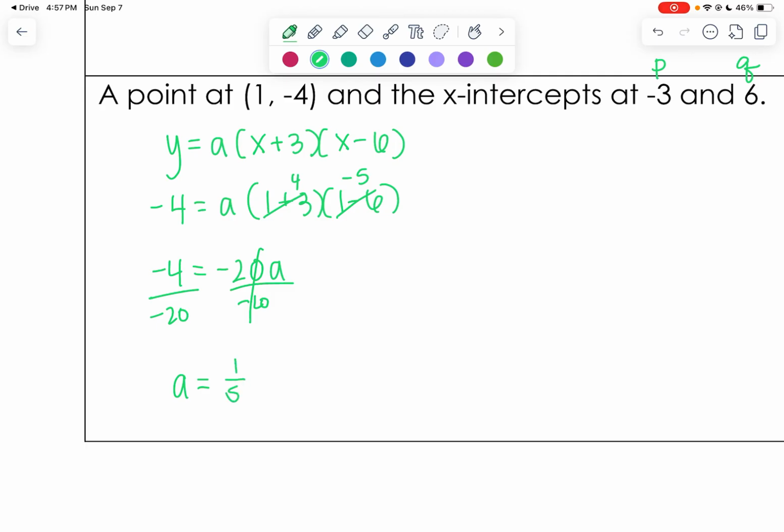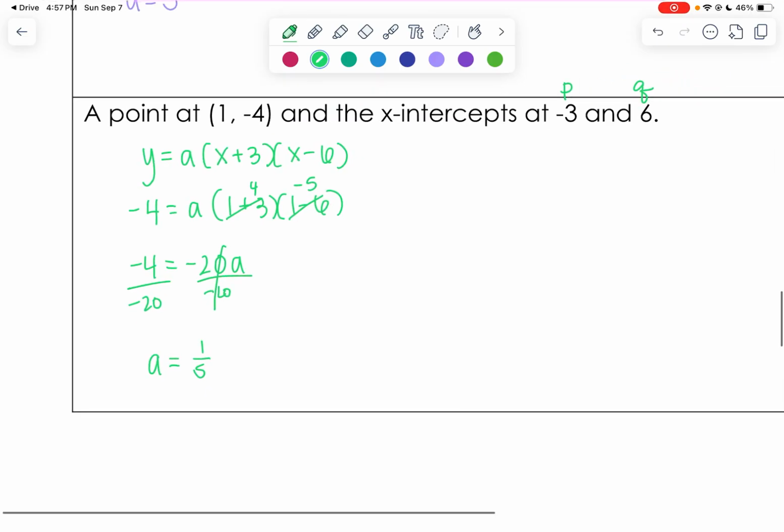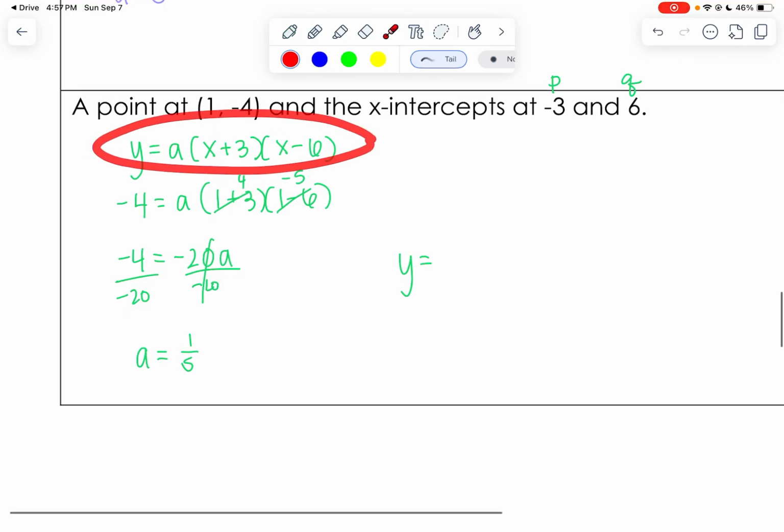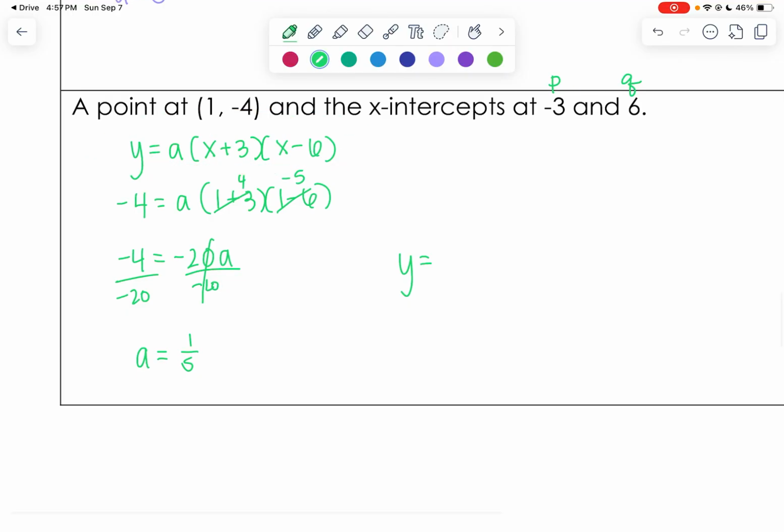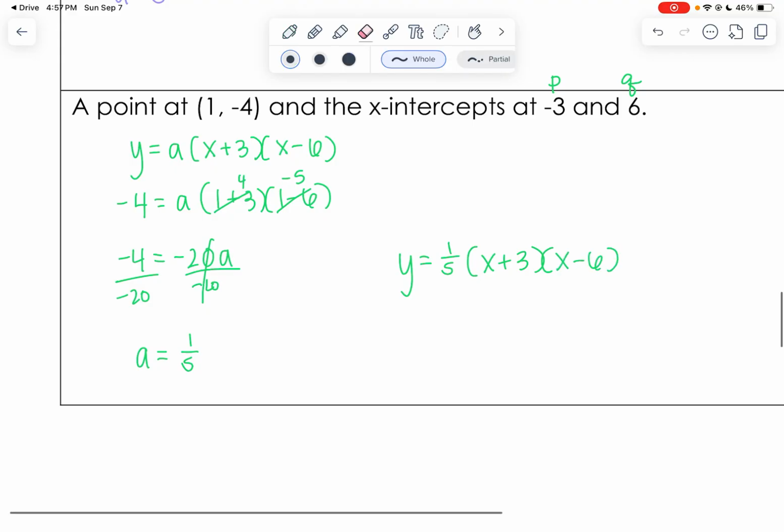Because how many times does 4 go into 4 and 20? So 1/5, okay? So back up here, now I know what a is. So y equals, or f of x equals, 1/5 times (x plus 3) times (x minus 6). And that really does look like an S, doesn't it? It's so bad. There's a 5.